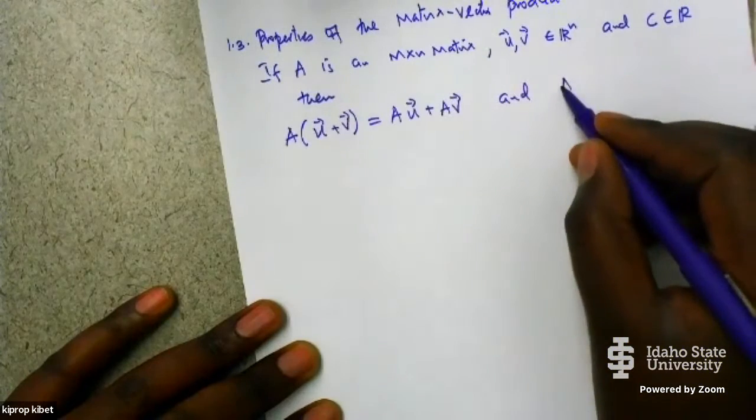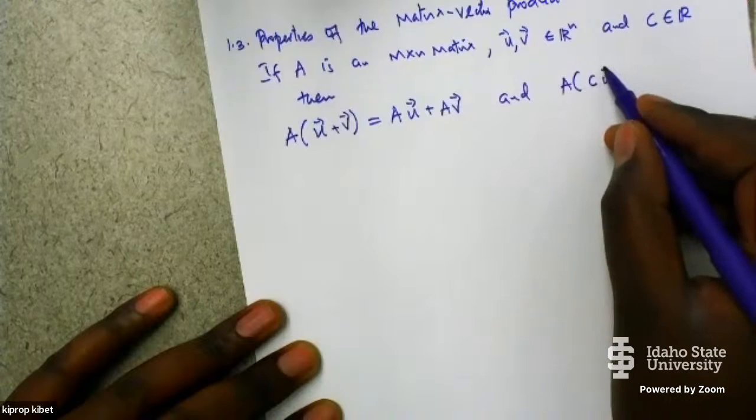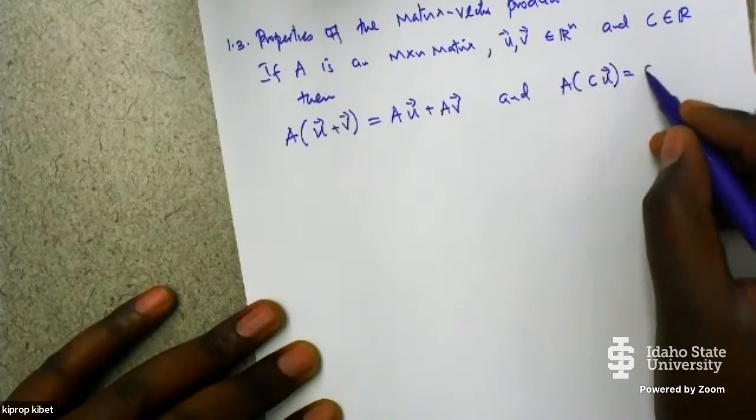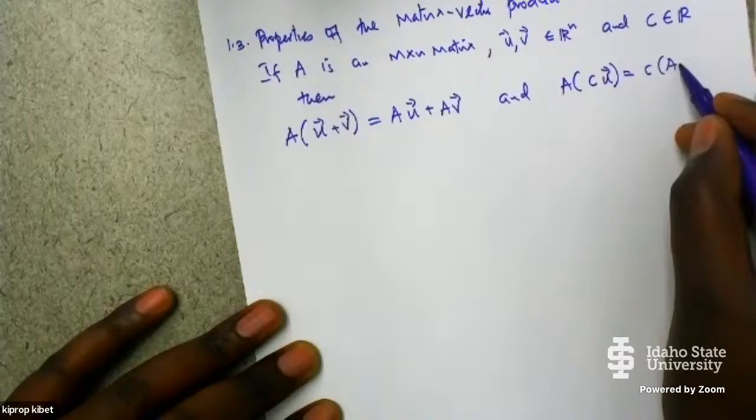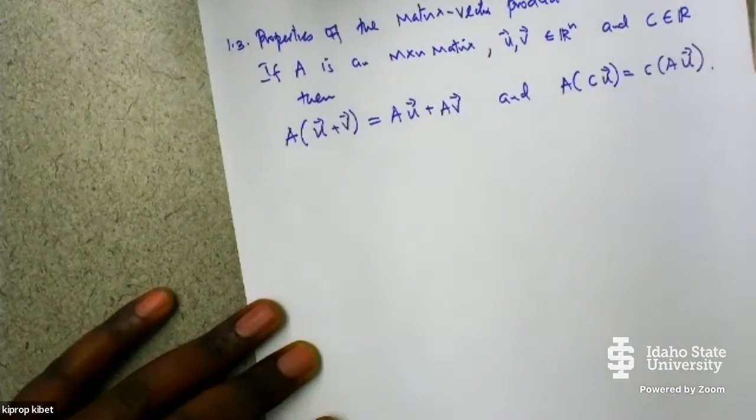And A multiplied by cu is the same as c times Au.